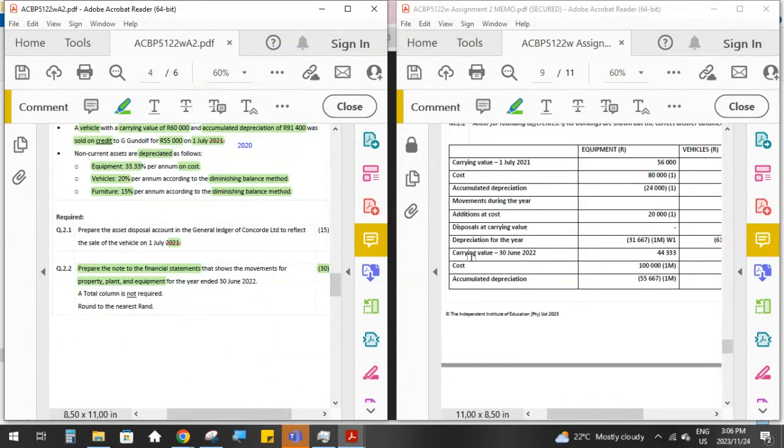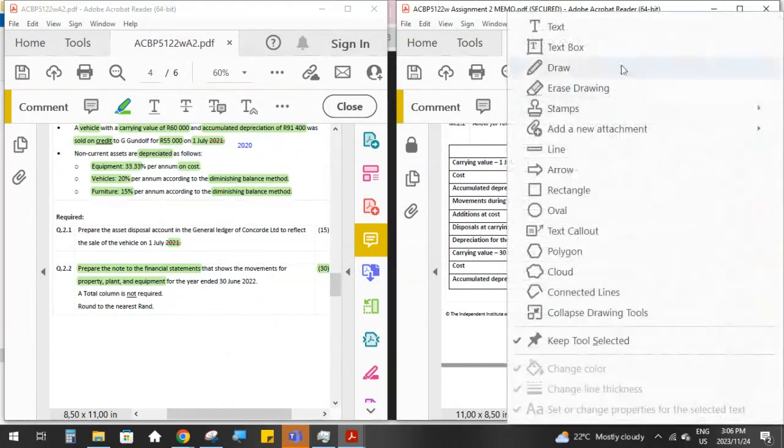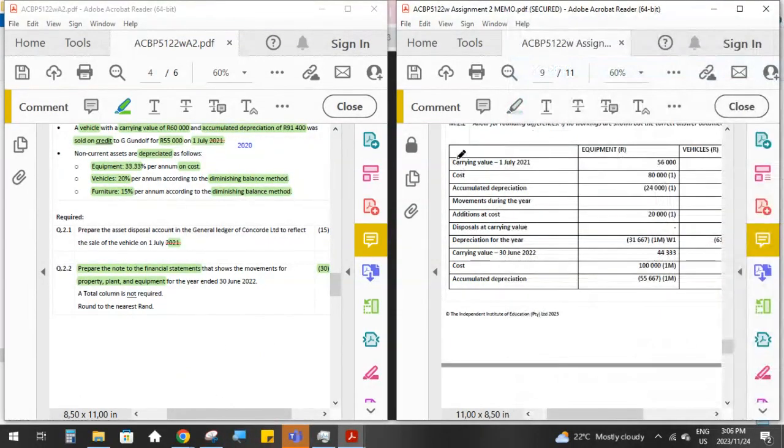At the very top of the note, we are going to put our opening balances. So this here, opening cost minus opening accumulated depreciation equals opening carrying value, as at the 1st of July, and this again is 2020.